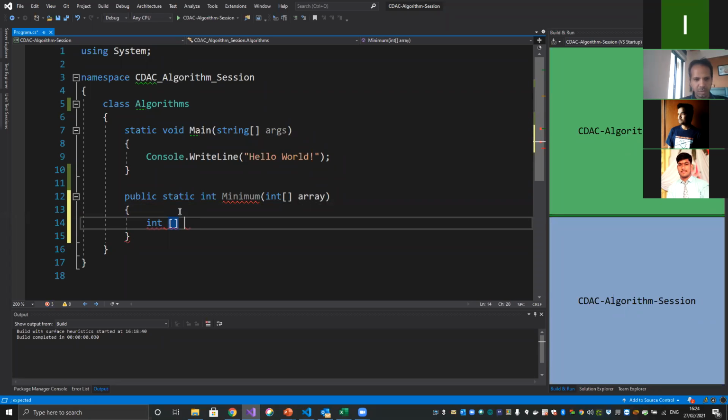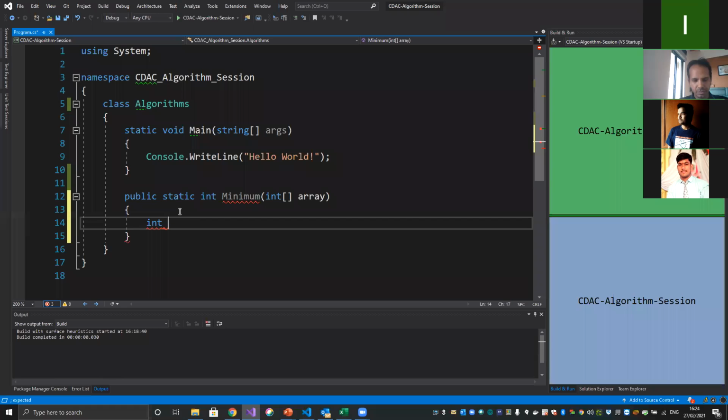Sir, first we store the value of the 0th element of the array in some variable. Say it again. So you want me to store the first element of the array as the minimum. Yes, sir, the 0th element of the array. Okay, and what should I name this variable?